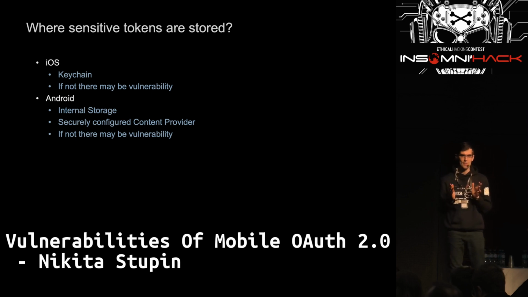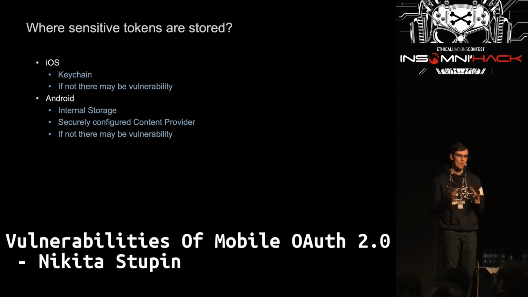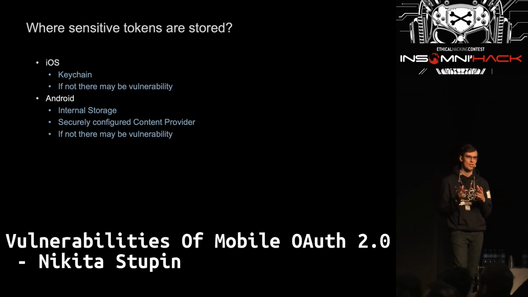And now let's have some rest and talk about tokens and token management. Where do we store our access tokens and refresh tokens? The safe place in iOS is keychain. In Android, it's internal storage or securely configured content provider. If it's stored in any other place, there might be vulnerability.